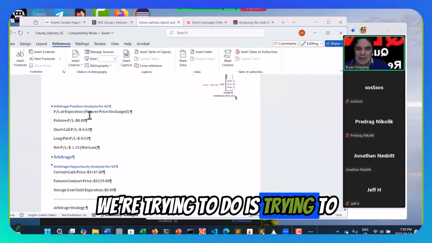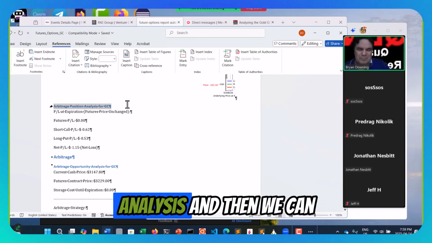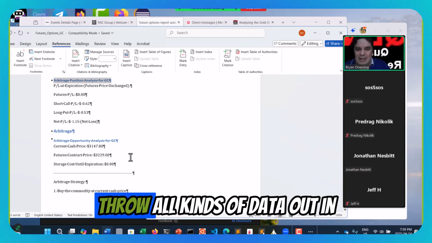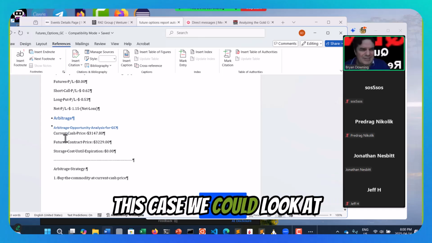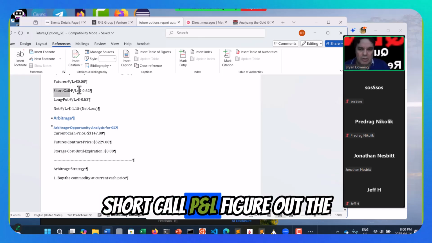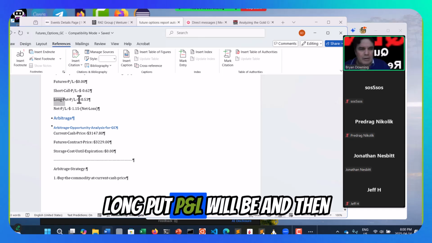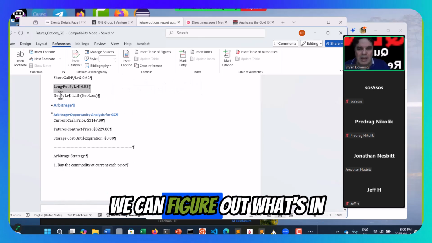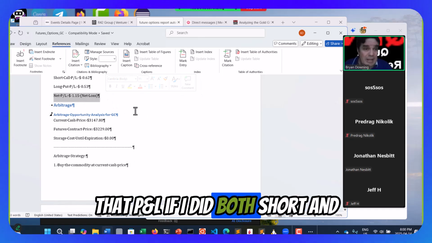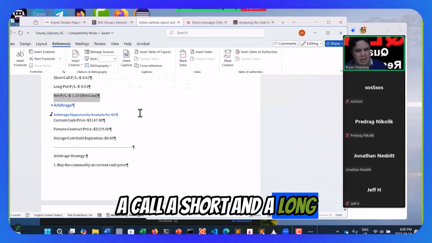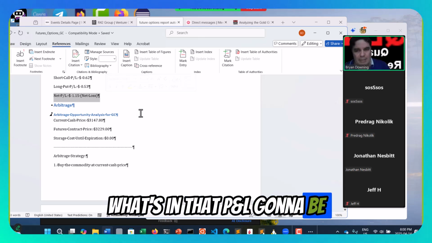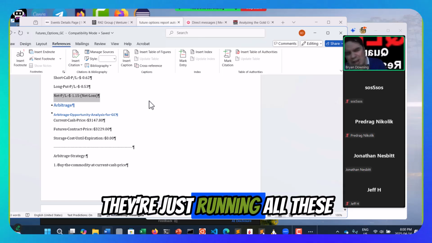Here, what we're trying to do is an arbitrage portfolio analysis, and then we can throw all kinds of data at it. In this case, we could look at a short call P&L. We could figure out what the long put P&L will be, and then we can figure out, well, what's the net P&L if I did both a short call and a long put? What's their net P&L going to be? And what these shops do, they're just running all these simulations.